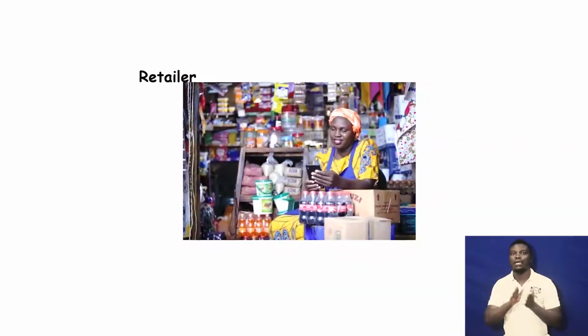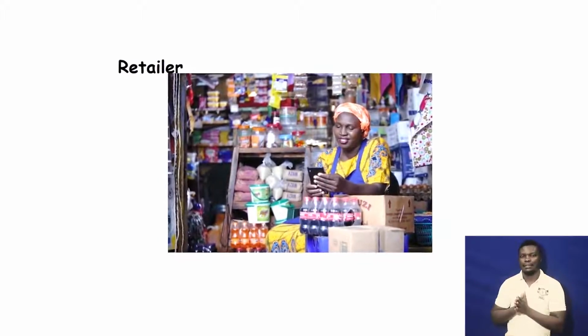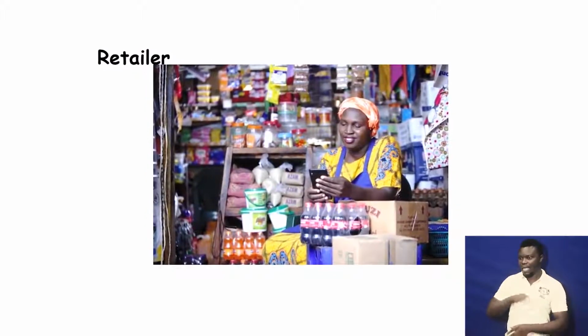So we are now going to look at those terms, retailer and then wholesaler. And after that, we are going to look at, for example, this is a retailer in her shop and she sells all sorts of items.